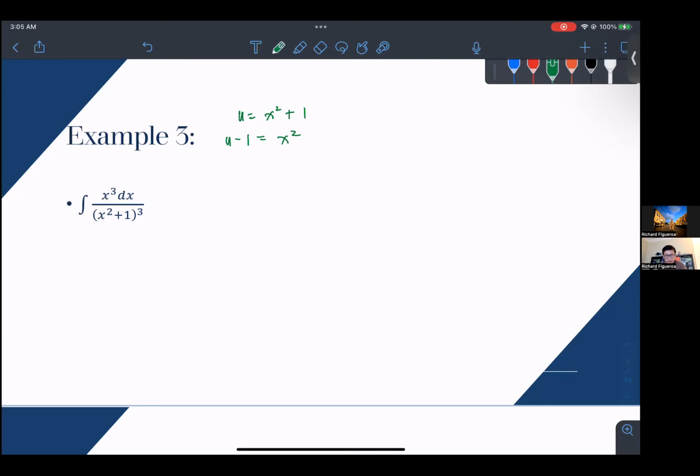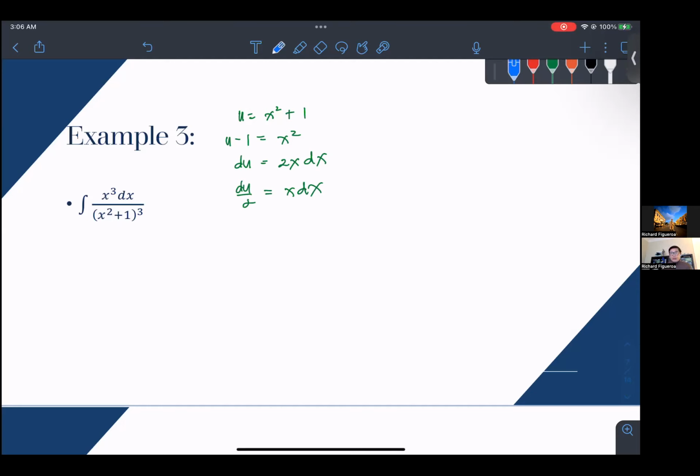So u is x squared plus 1, and then u minus 1 is x squared. So once I derive this one, so u minus 1, its derivative, it's du, and then derivative of x squared, that is 2x dx. And thus, dividing both sides by 2, so du all over 2 is equals to x dx. Okay, so we can do this one.